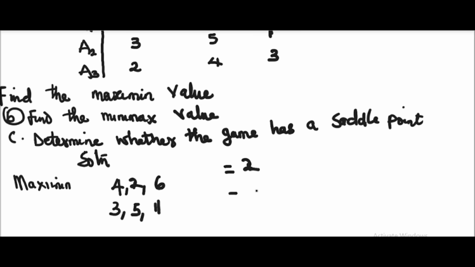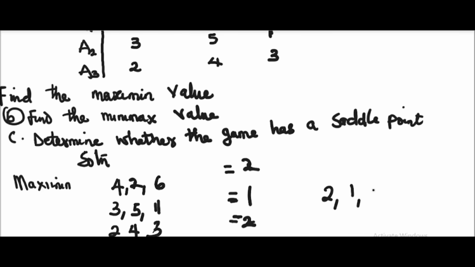Going to the third row, we have 2, 4, 3, and the minimum there is 2. So we have 2, 1, 2. These are the minimums in this game.